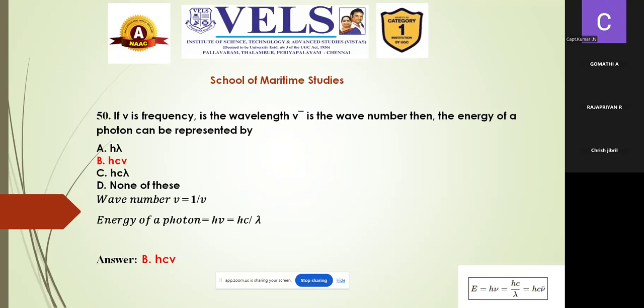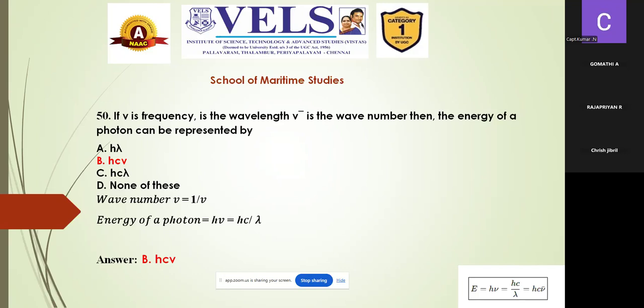Our next question is, nu is the frequency, lambda is the wavelength, and nu bar is the wave number. Then the energy of a photon can be represented by E is equal to h nu. H means Planck's constant. E represents the energy of a photon.